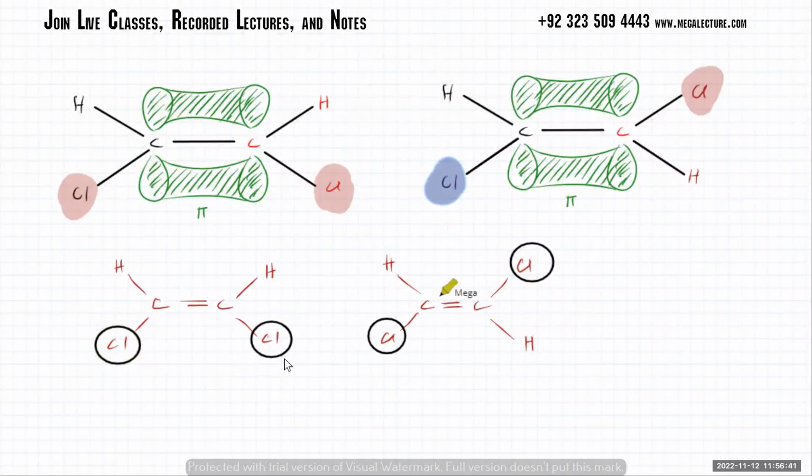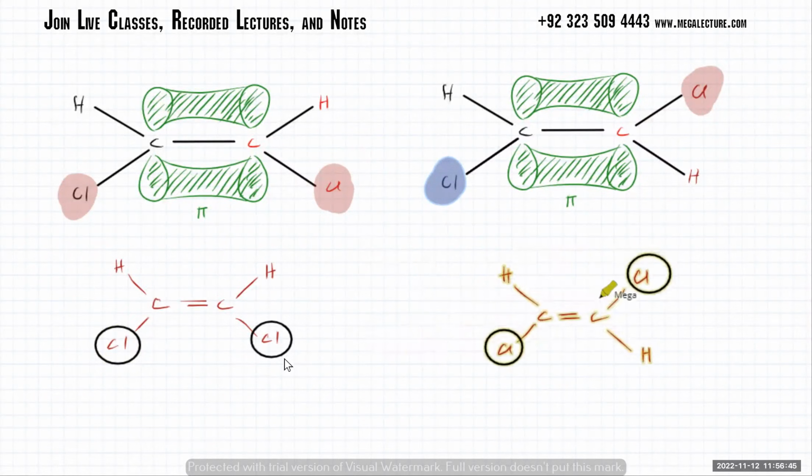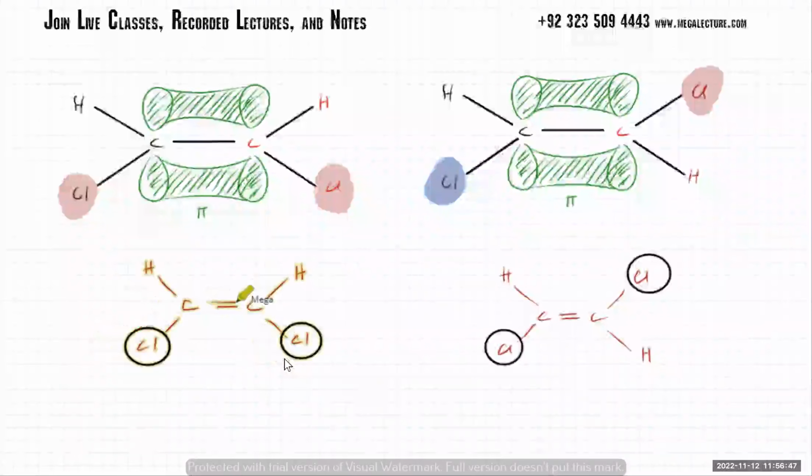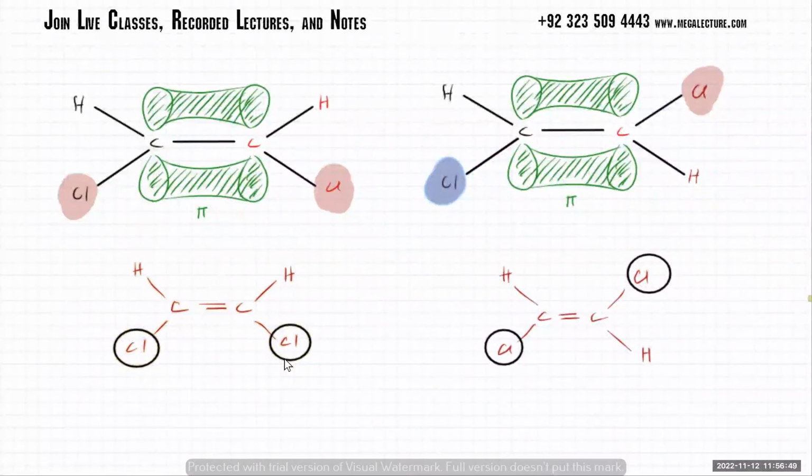One of them is going to be called cis. Cis is the one where the same type of groups point in the same direction. So this one is known as cis, and this one is known as trans.